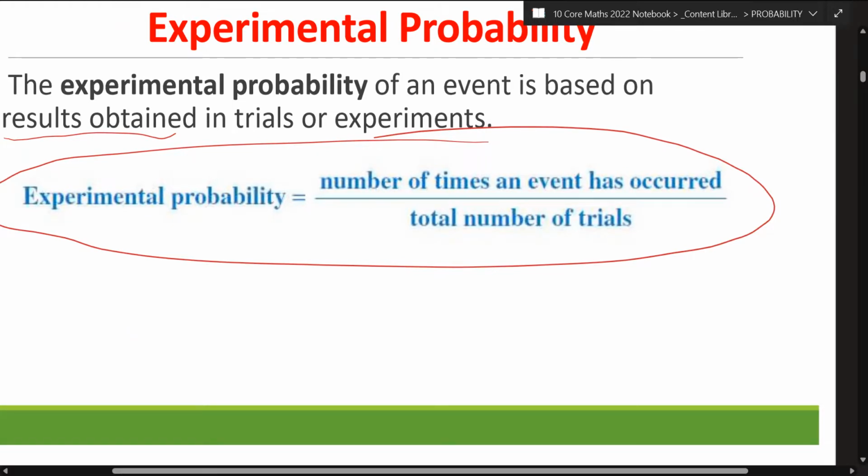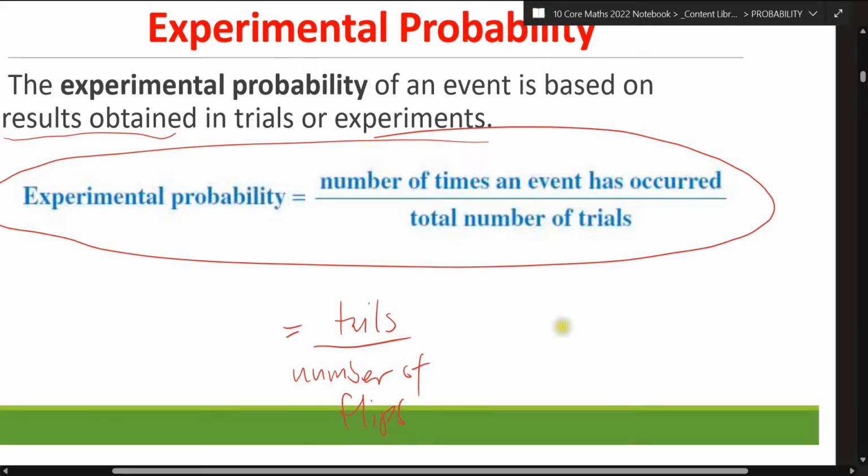So let's say, for example, I have a coin and I flip it. I keep flipping it and I want to get tails on it. I flipped it 20 times, but out of the 20 times, I've flipped tails maybe once. So in that regard, it'll be tails over the number of flips.